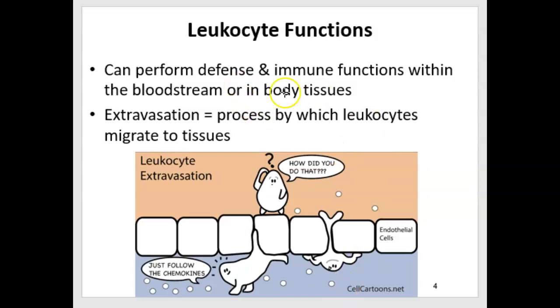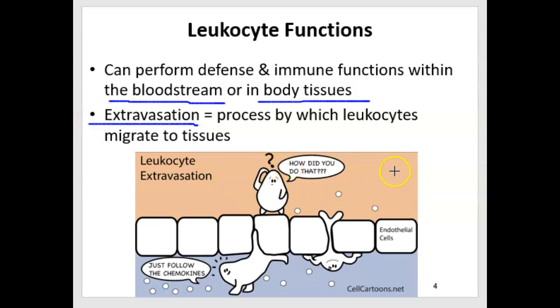So all the leukocytes do provide defense and immune functions either within the bloodstream or by leaving the bloodstream and going into body tissues. The process by which they leave the blood vessel and move throughout the tissues or migrate in the tissues is called extravasation.